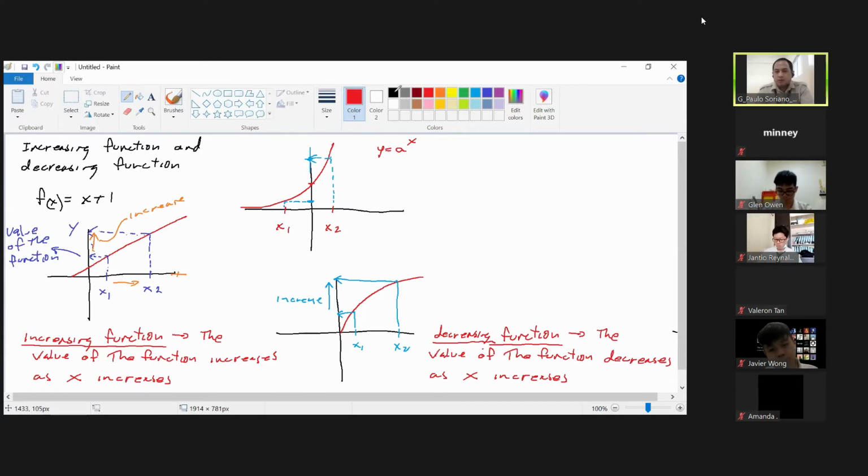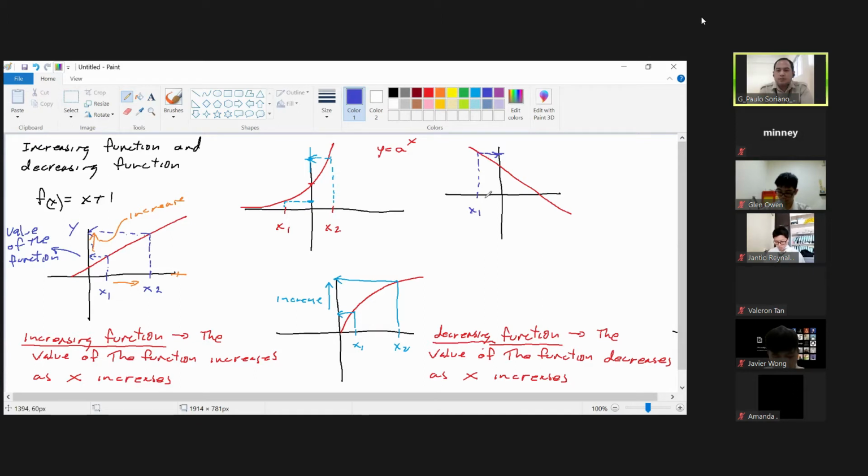Okay, so how does the graph look for this one? If we start with the linear graph, we will have something like this. Why? Because look, the value of y is high, correct?